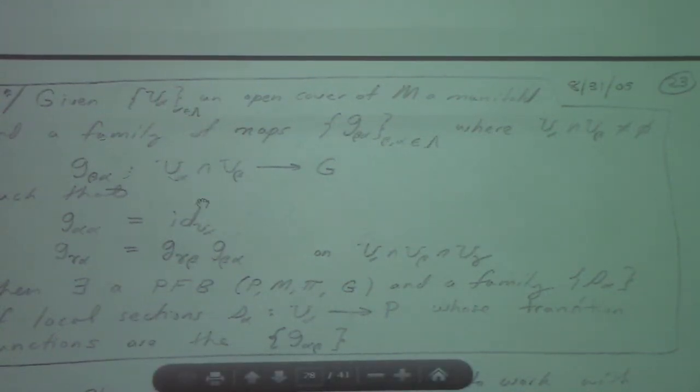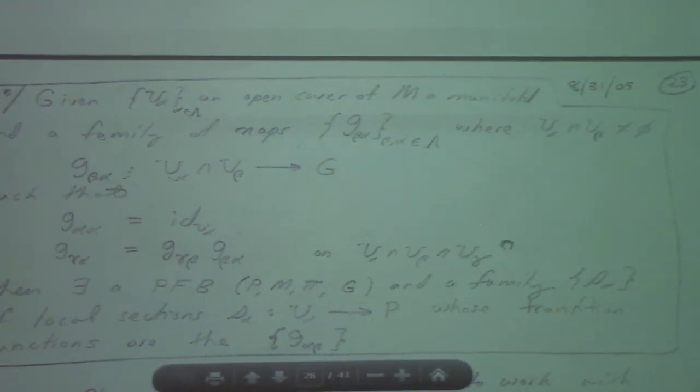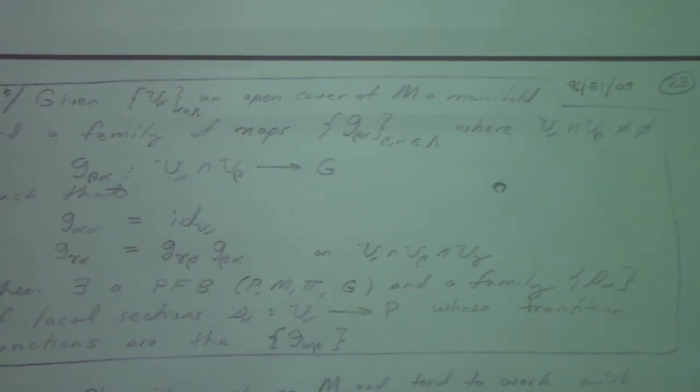And by the way, this is the theorem I was telling you about: if I give you a base manifold and these functions from intersections of the chart domains on the manifold into a Lie group that satisfy these conditions, then you can prove that there exists a principal fiber bundle formed from gluing these things together. In particular, the principal fiber bundle has a family of local sections whose transition functions are exactly these given cocycles.